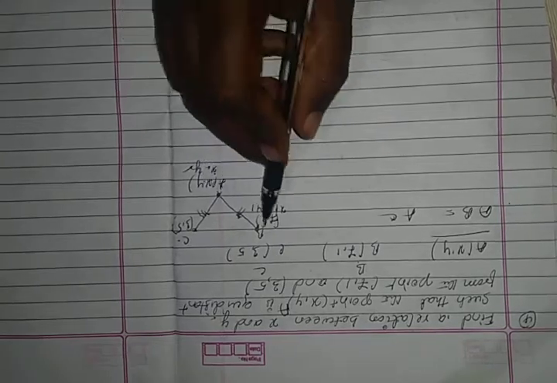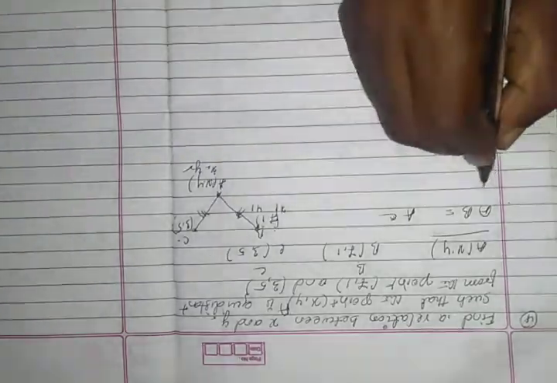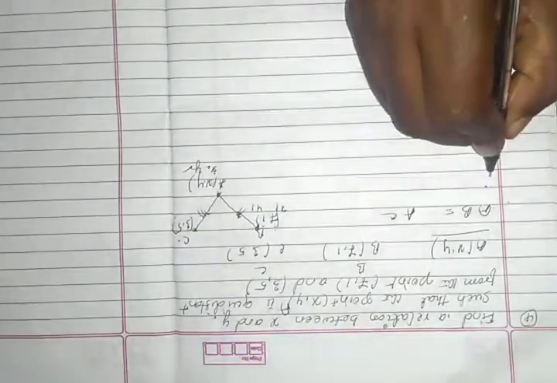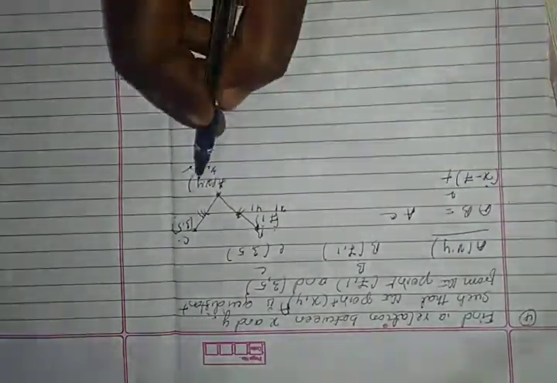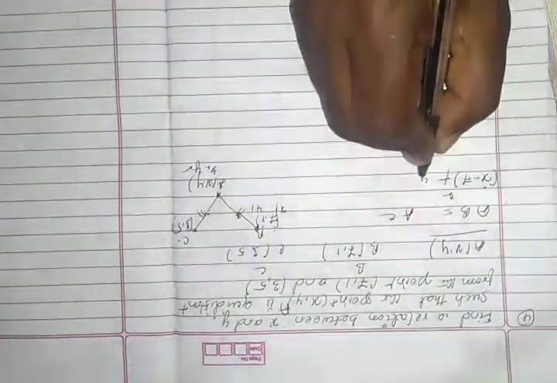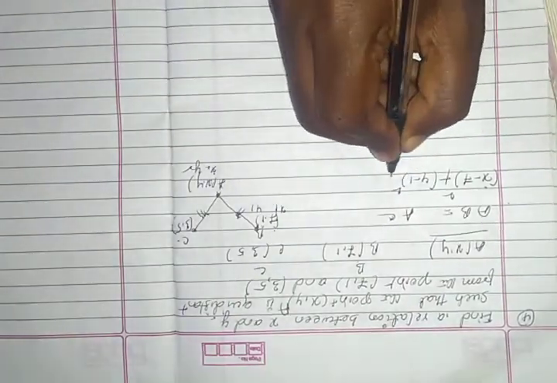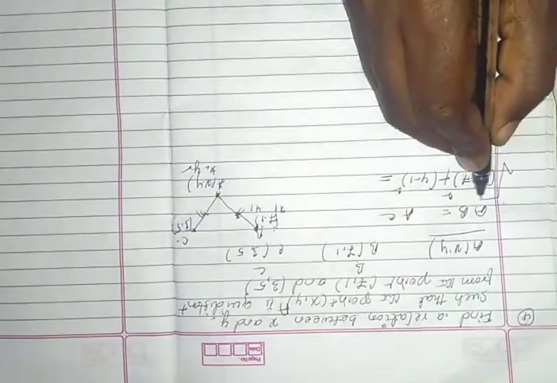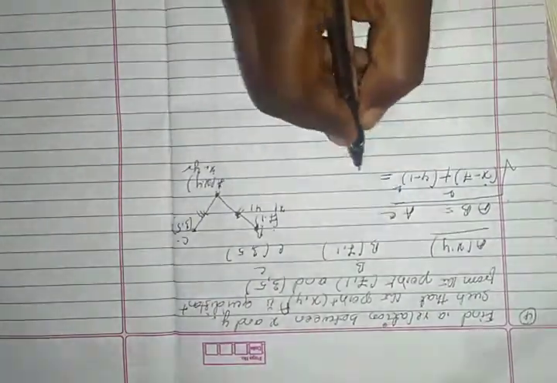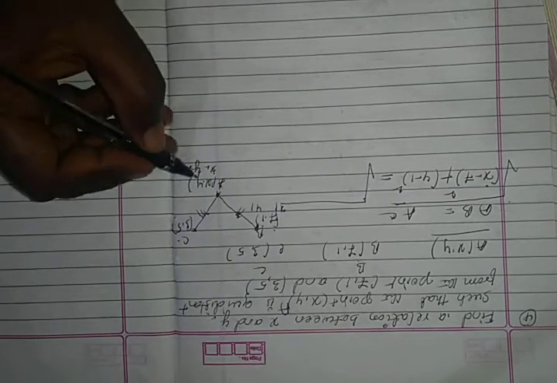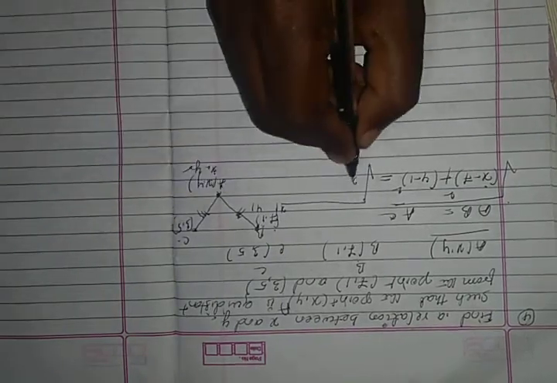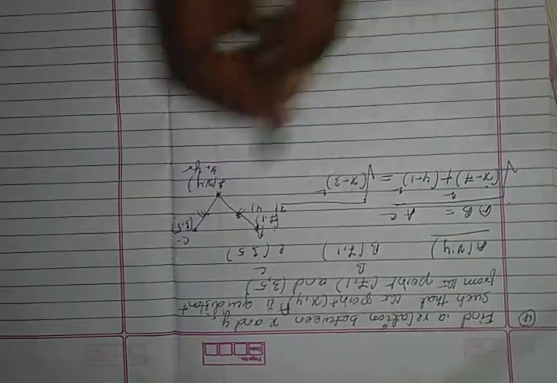So AB is square root of x minus 7 whole square plus y minus 1 whole square, is equal to, using the distance formula again, square root of x minus 3 whole square plus y minus 5 whole square.